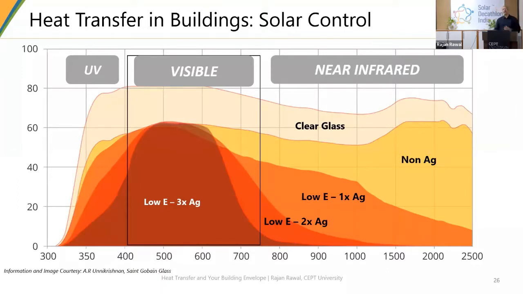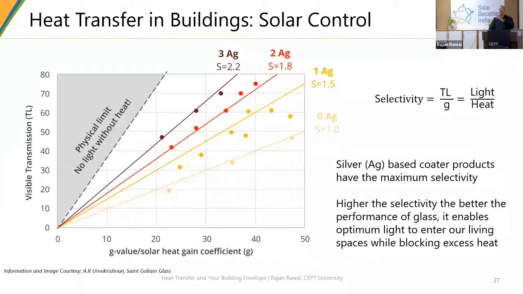So if you put the solar heat gain coefficient on the x-axis, and on the y-axis you put the visible light transmittance, it is very difficult to get a glass which has very low heat gain and very high VLT. That is what we want. We don't want to gain heat, but we want to see a lot of light. But to manufacture that kind of glass is a little tricky or difficult.